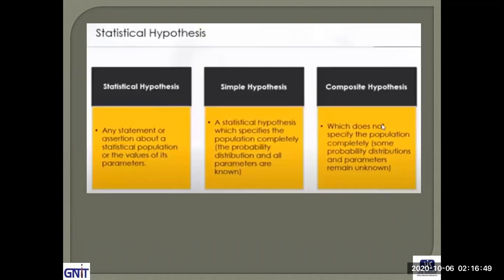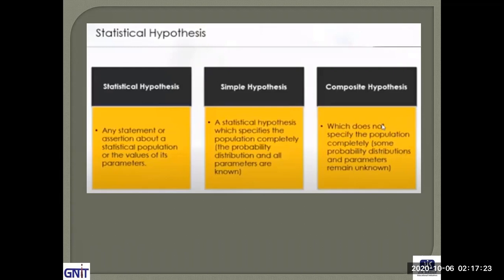Actually, there are statistical hypothesis, simple hypothesis, and composite hypothesis. In statistical hypothesis itself, there are two parts, simple hypothesis and composite hypothesis. So what is statistical hypothesis? Any statement or assertion about a statistical population or the values of its parameters.